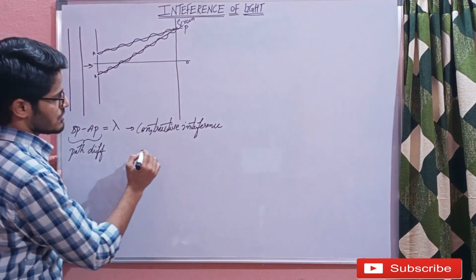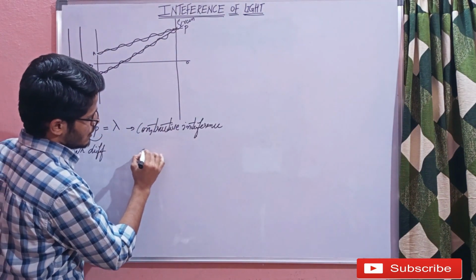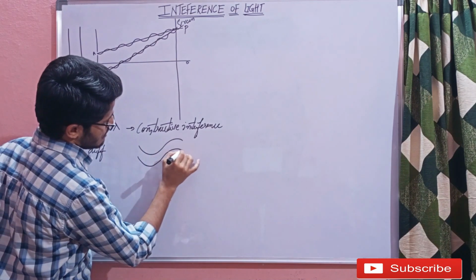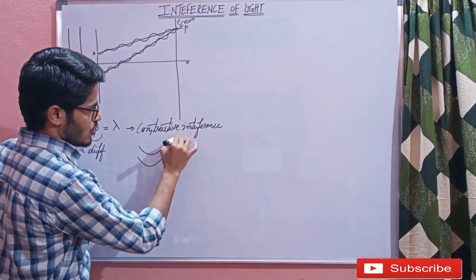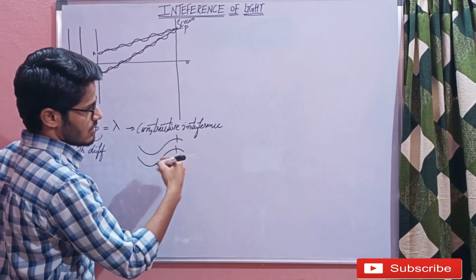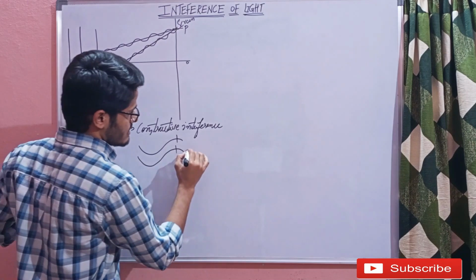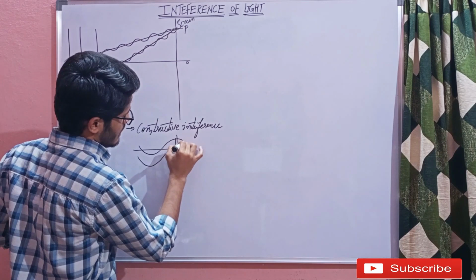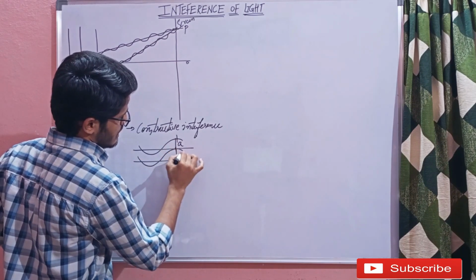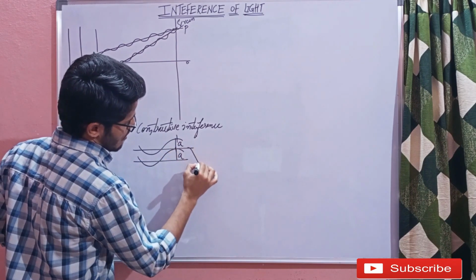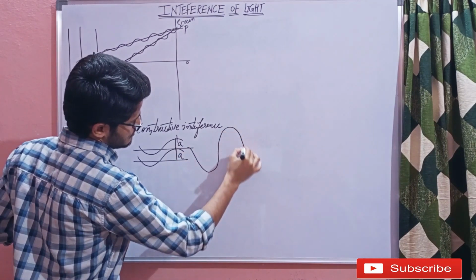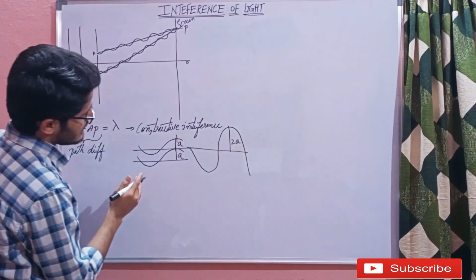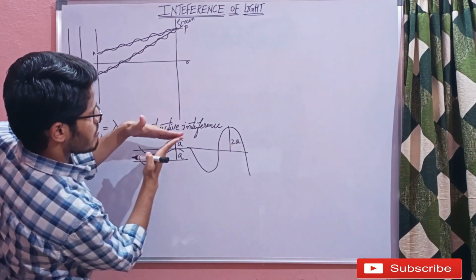According to the principle of superposition, if one wave has a top and the other wave also has a top, then these two will superimpose. If this has amplitude A and this has amplitude A, the resultant wave will have amplitude 2A, because they are going in the same direction.